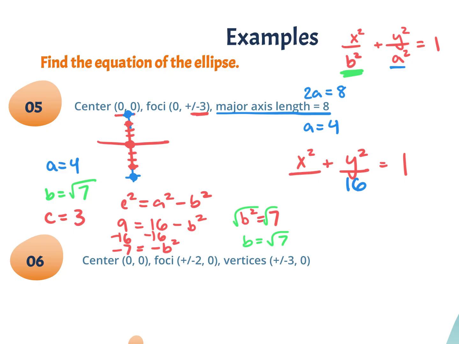What's b squared? 7. Perfect. So this would be our answer. So you don't have to draw it here, but sometimes it helps to draw it to see. It helped when we put our points, our foci went up and down, so we knew that the a was going to go under the y. And then we knew that we had our c value and our a value, so we just had to find b.